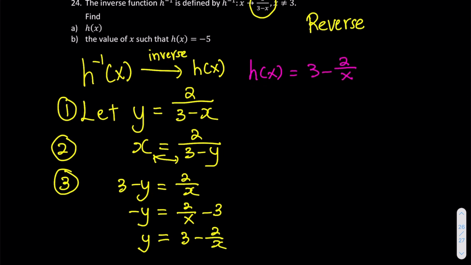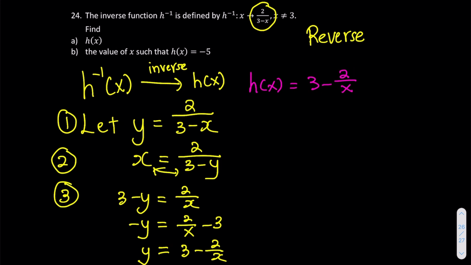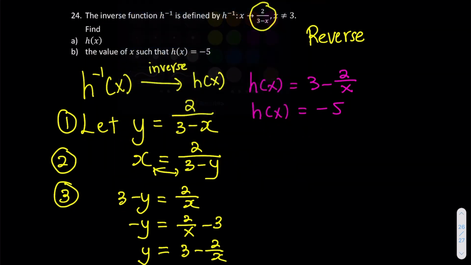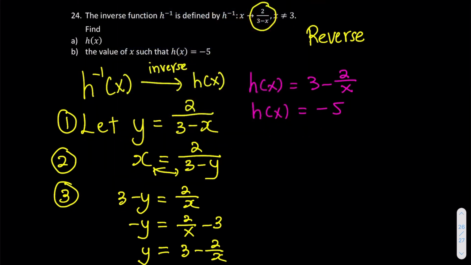Now we go for part b. They say that hash of x is equivalent to negative 5. But can you see, this is the answer that they gave to us, and this is the version that we found ourselves, and both of them are eventually hash of x. So we can say that both of them are the same thing. So I will say that 3 minus 2 over x is eventually negative 5.